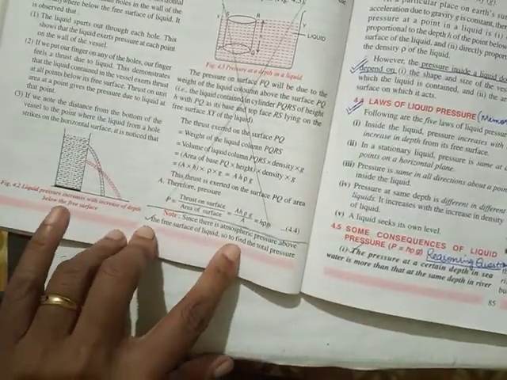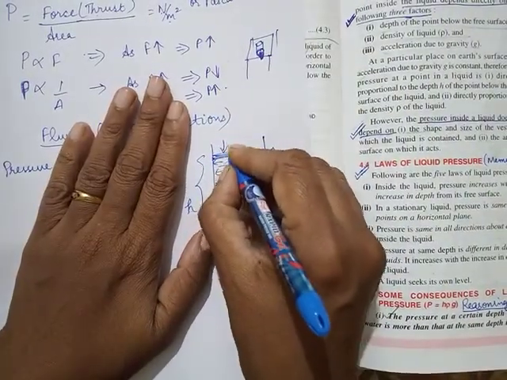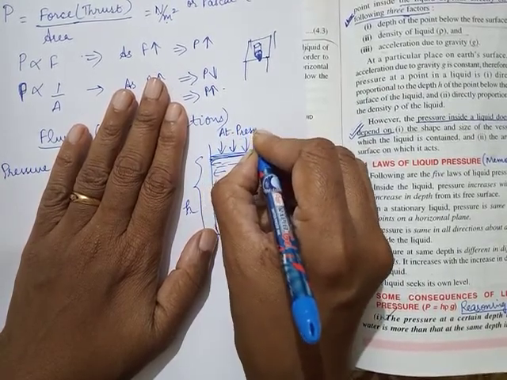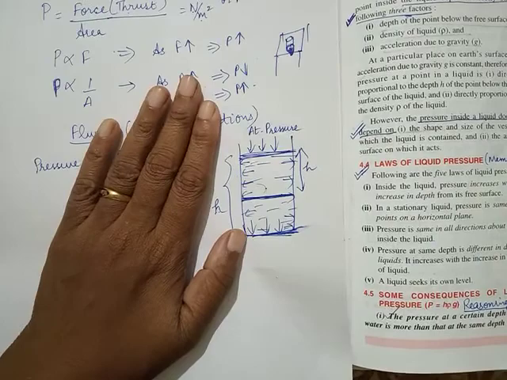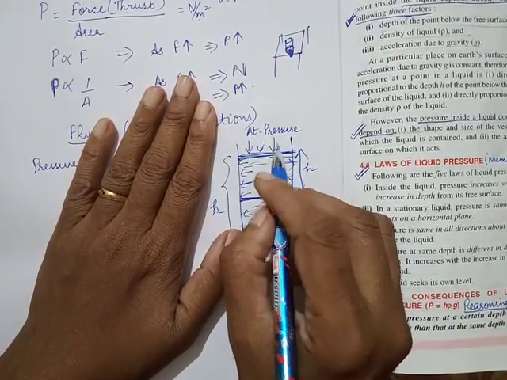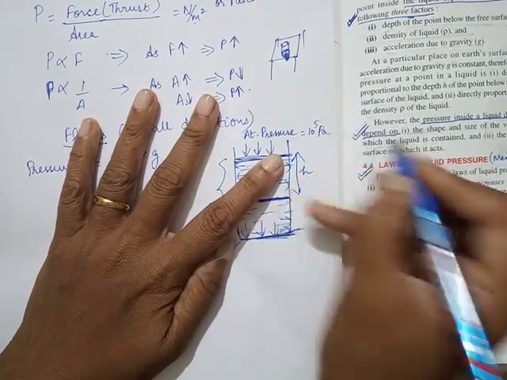Actually, atmospheric pressure will also be acting. What is atmospheric pressure? It is the pressure exerted by the atmosphere on anything on the surface of Earth. Its value is nearly 10 power 5 Pascal.